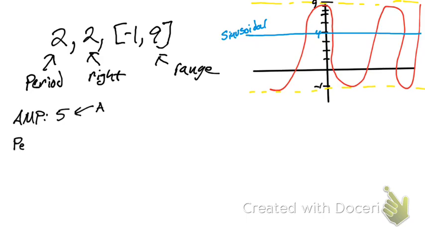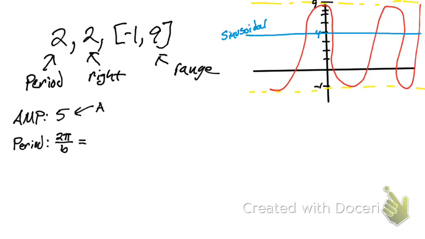Let's talk about the period. This is the hardest one to get. The period in this case equals 2. That is not my B value, because remember, the period is actually 2 pi divided by B. Our B value is embedded in that equation.